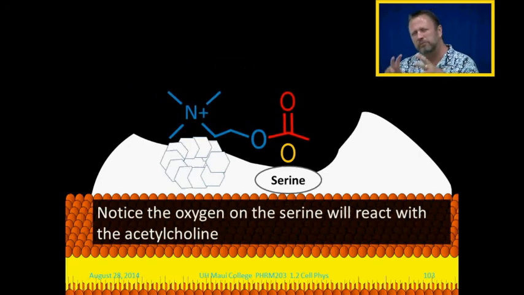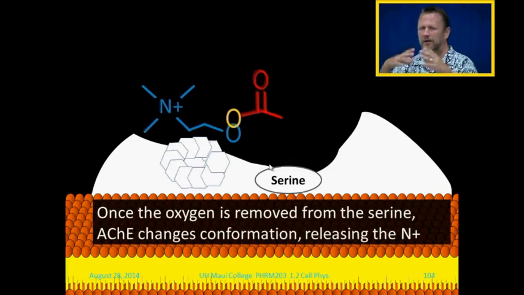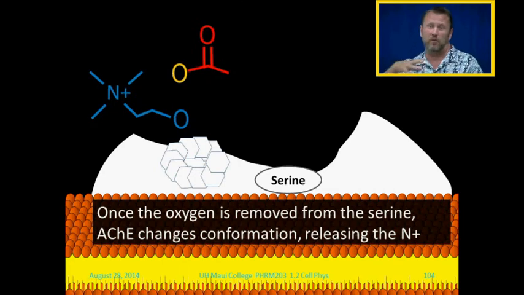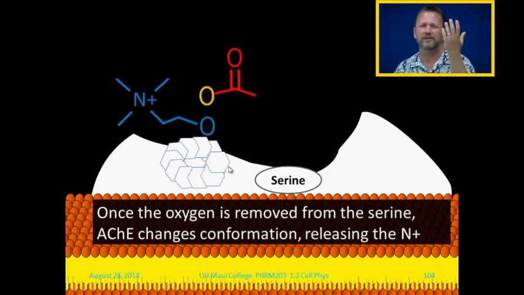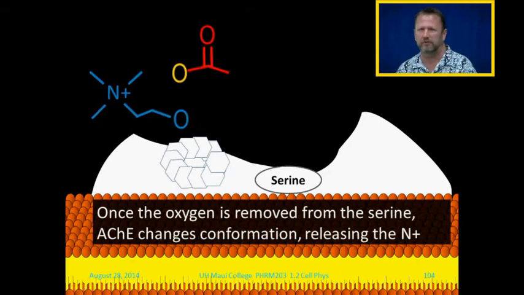And so when it pulls it in, it sets it right in the perfect place so that serine can break apart the molecule. And once the serine loses that oxygen group, notice there's a change in the little bowl to release the nitrogen from it. And so now I have my choline and my acetate.